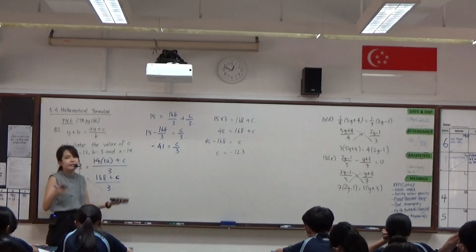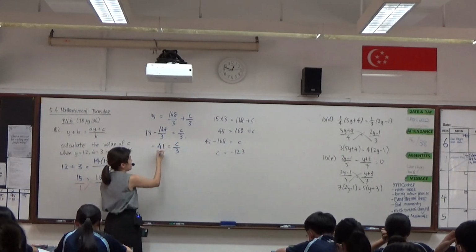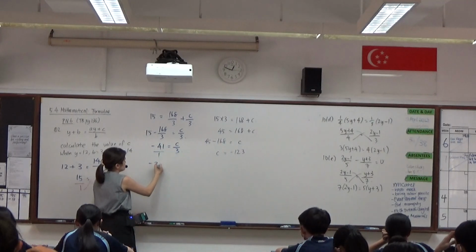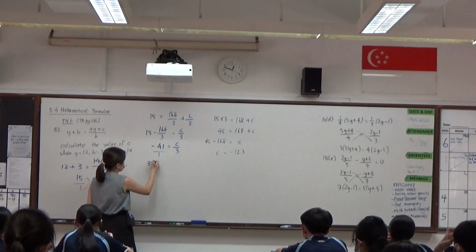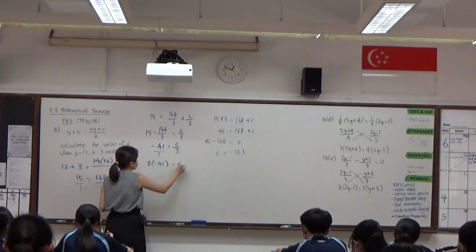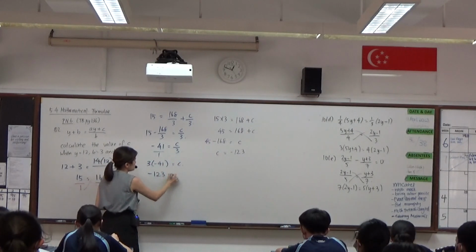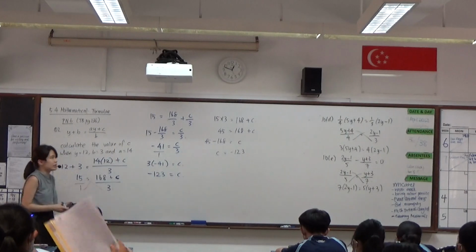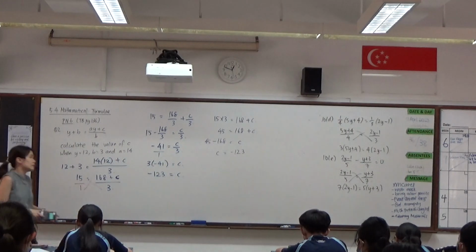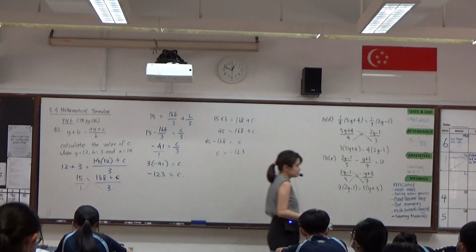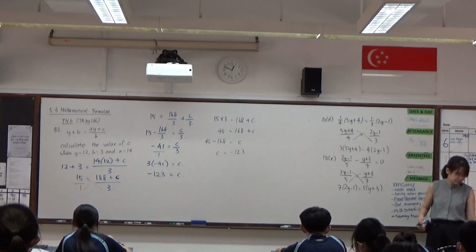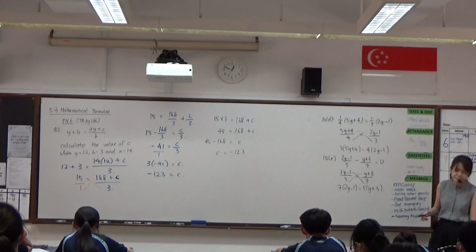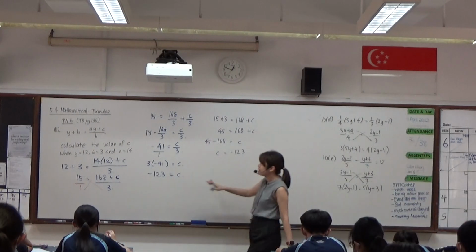Then from here again, I still have to cross multiply. So negative 41 times 3 equals c, and I still will get c equals negative 123. So there's really nothing wrong.